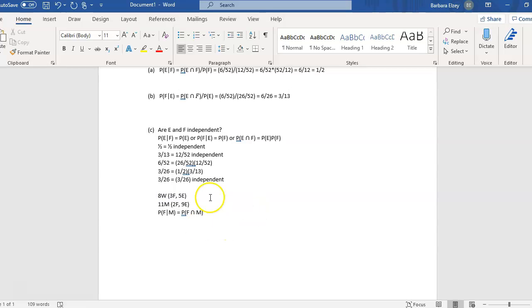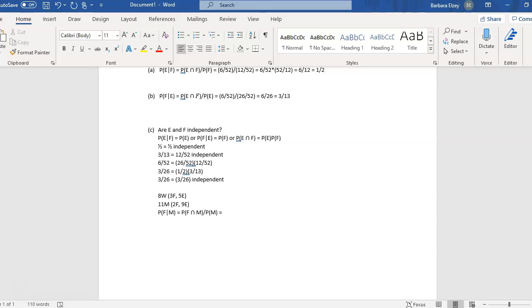Let's call the females W for women, because we've got French here, so otherwise they'll get a little confused. And then on the bottom we'll have the probability of males, the item that's after the given part here.